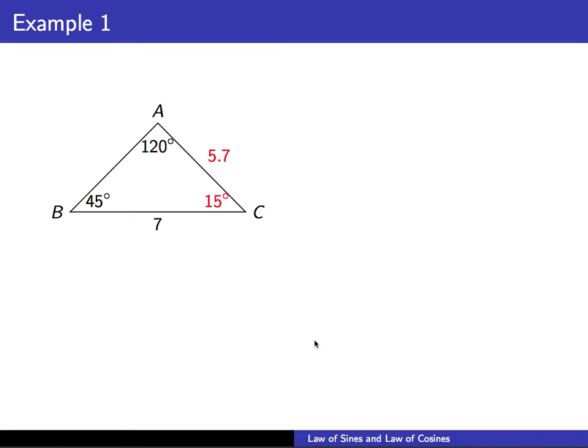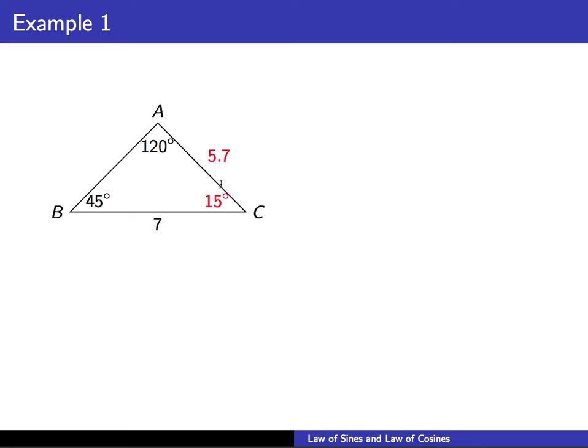All right, now we're pretty much going to do the same thing for side C. I do want to advise you, though, when working with the law of sines and the law of cosines, try if you can to always use what you're given first before you use approximations that you found.